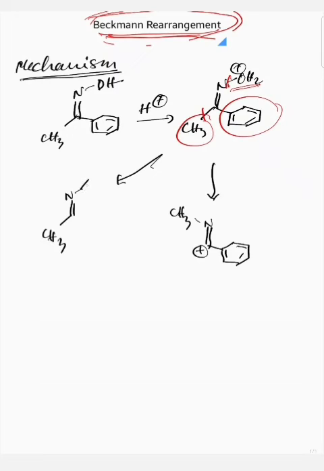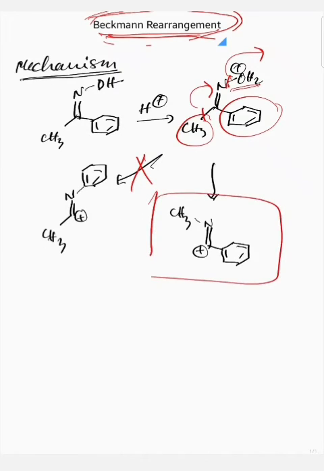Why? Only this will form, because this migrates and this leaves; the other is not trans to the leaving group. So this will be the product, this will be the adduct.